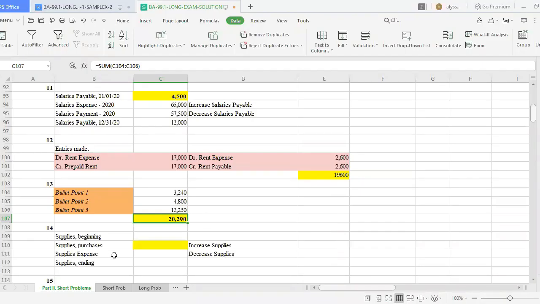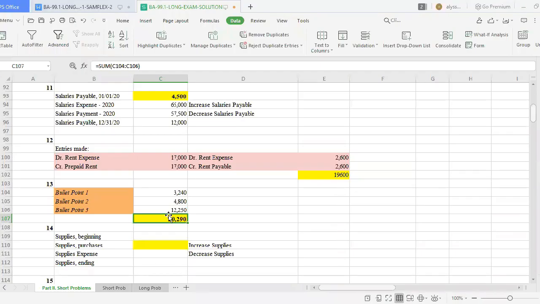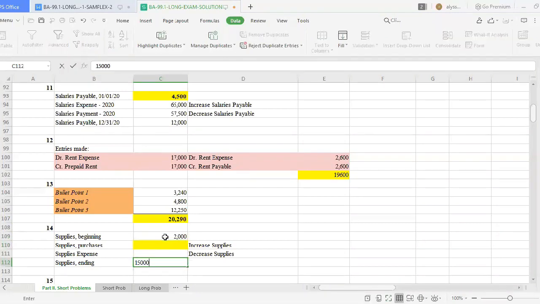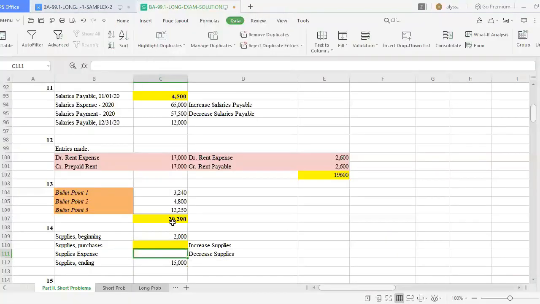So let's plot this. Again, we're computing within the supplies account. So we plot down everything that's related to the supplies. So beginning is 2,000. Ending is 15,000. And so we need the beginning, the increase in supplies, which is what we're looking for, the purchases, and the decrease in supplies, which is the expense, 12,000.